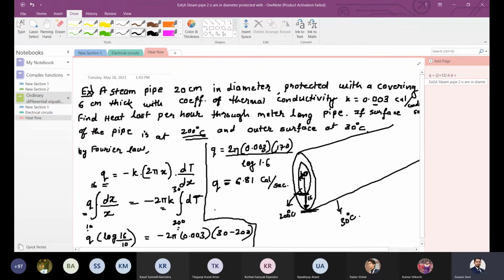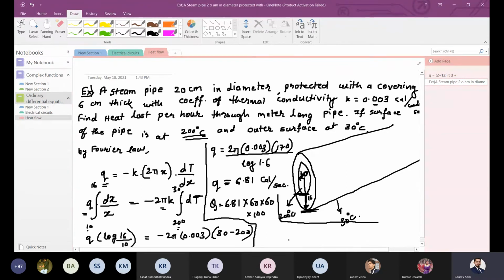Okay. So capital Q will be 6.81 into this will be per minute per hour from a meter long pipe. We have considered this for 1 centimeter, so I will have to also multiply by 100 centimeters.